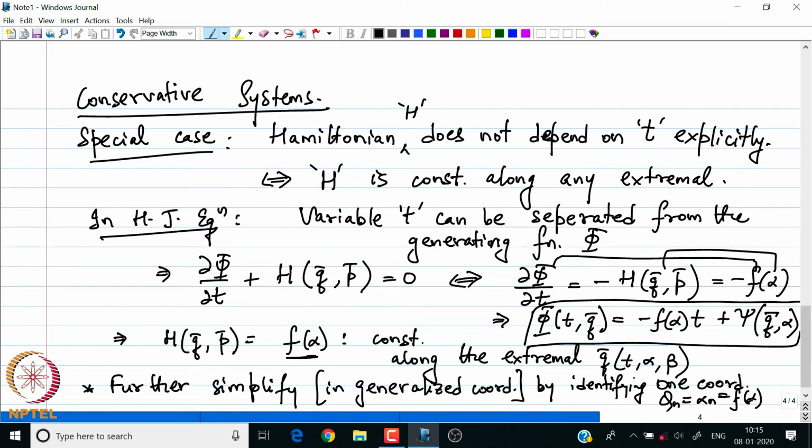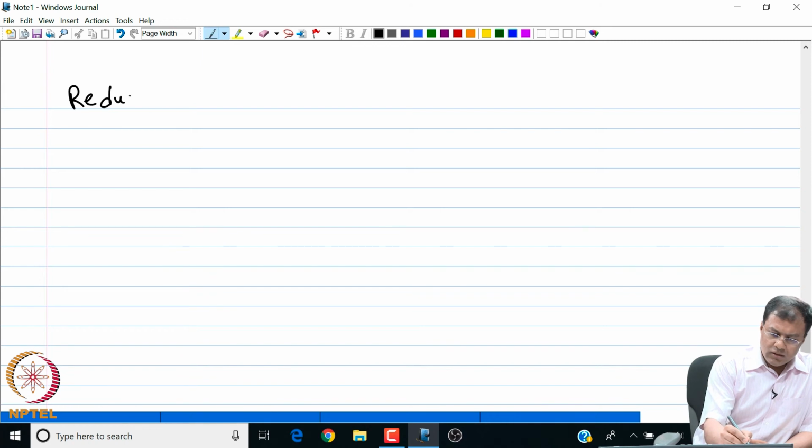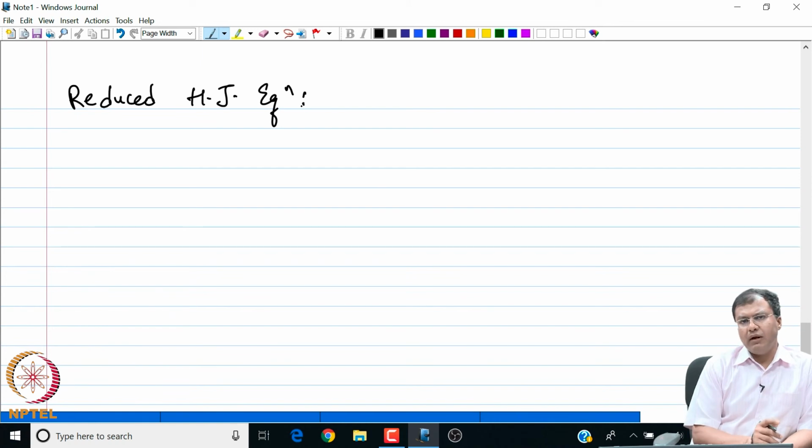So, let us now look at what we have here. In this particular case we have a special form of the Hamilton-Jacobi equation, namely the reduced Hamilton-Jacobi equation, where my Hamiltonian does not depend on the independent variable.